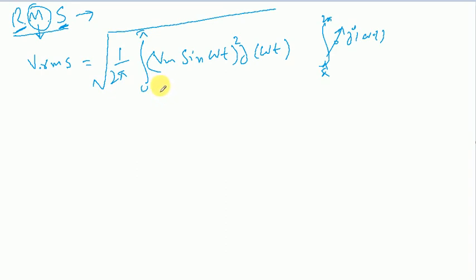If we evaluate all of this integral including the square root, the final value that we'll have is equal to Vm by 2. This is the RMS value of this signal. So you need to know the differences between the average values and the RMS values. The DC value that we calculated just a while ago for this output voltage was equal to Vm by pi, while this one is the RMS value of this signal.